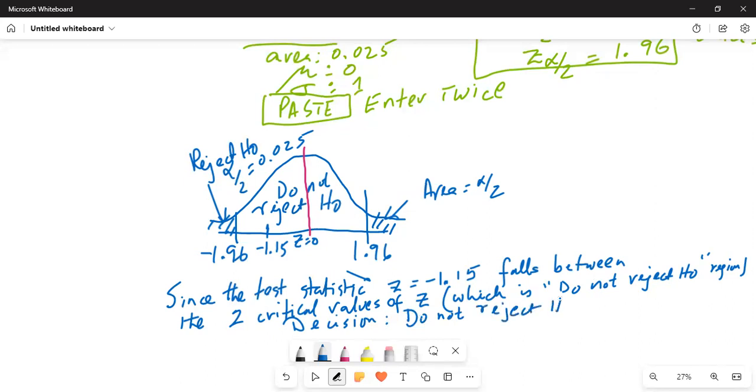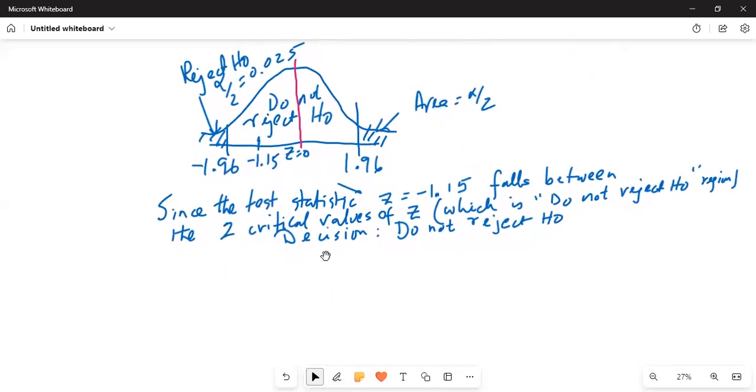If you do not reject H0, that means H0 stays.